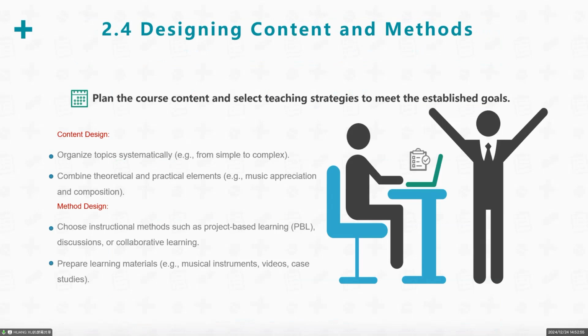Method design is choosing instructional methods such as project-based learning, which can be called PBL, discussions or collaborative learning, and preparing learning materials, for example music, instruments, video, and case studies.